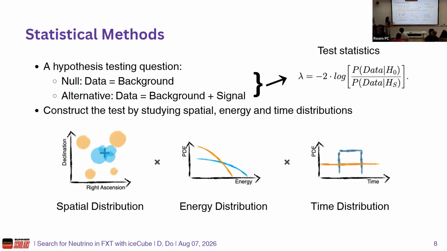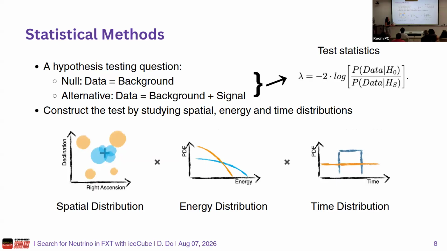This now becomes a statistical hypothesis testing question, where the null hypothesis is that the data set is just background, versus the alternative hypothesis that the data set contains both background and signal. This is called the test statistic, a measurement of which situation we are in: just background, or background plus signal.